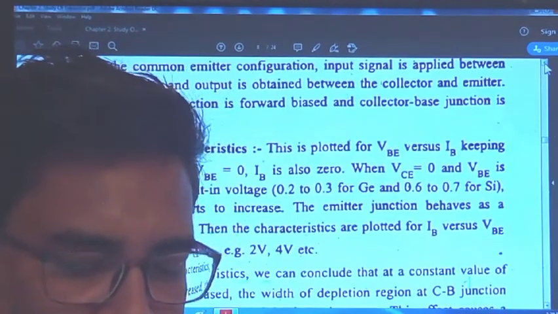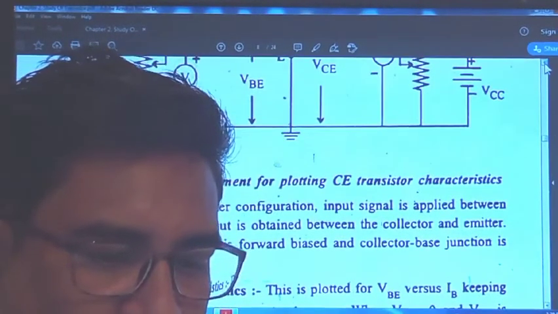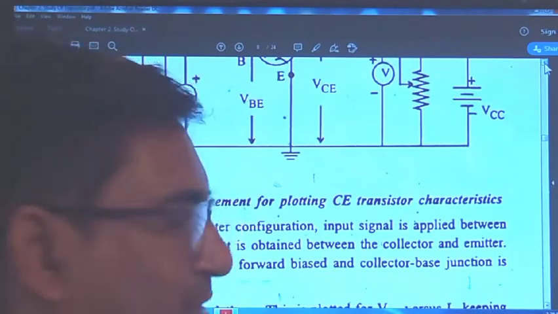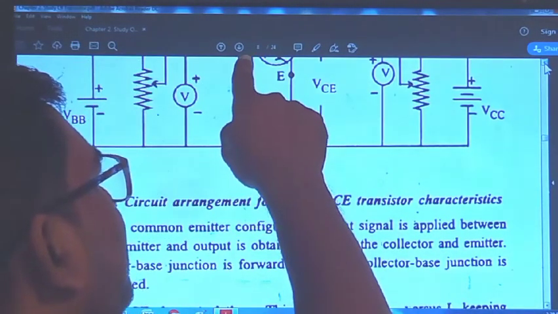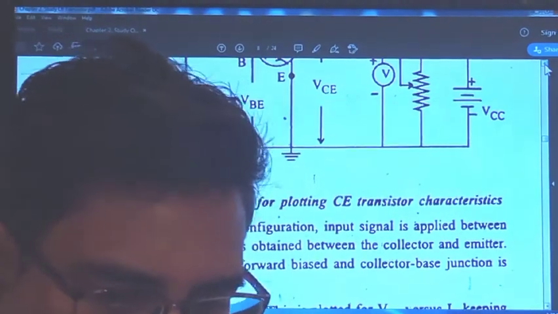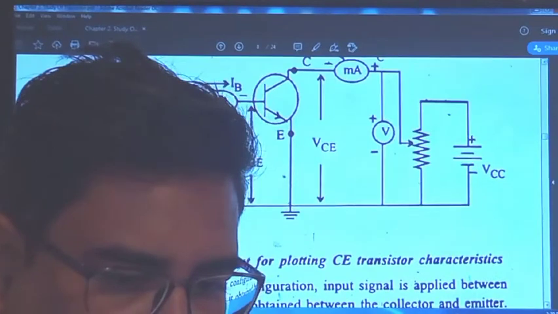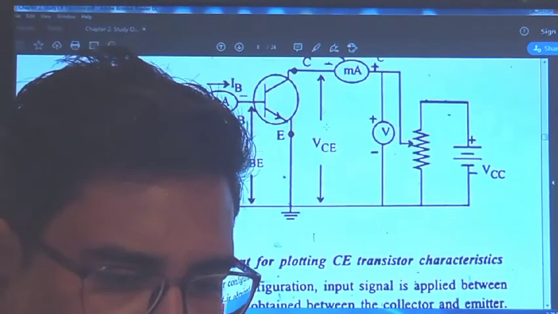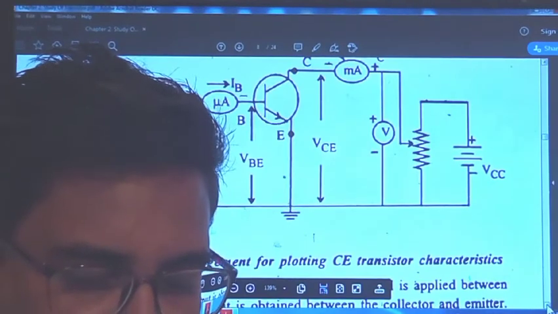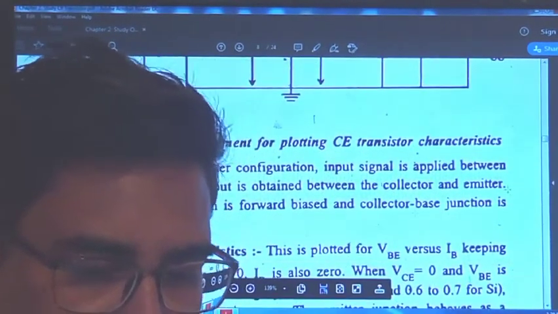We apply the input signal between the base and the emitter, and we obtain the output from the collector and the emitter terminal. One terminal is grounded, the emitter.